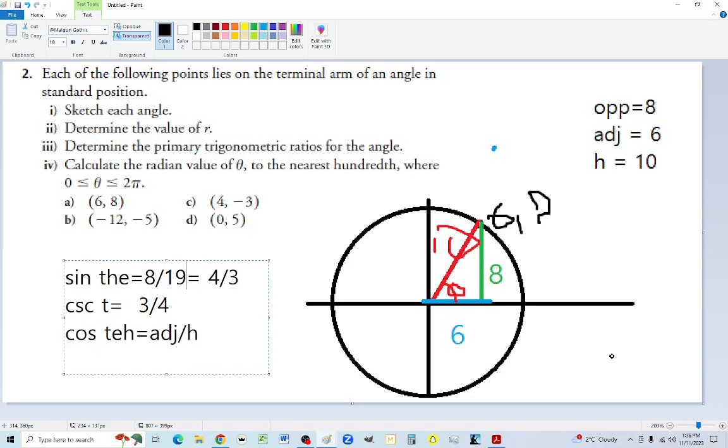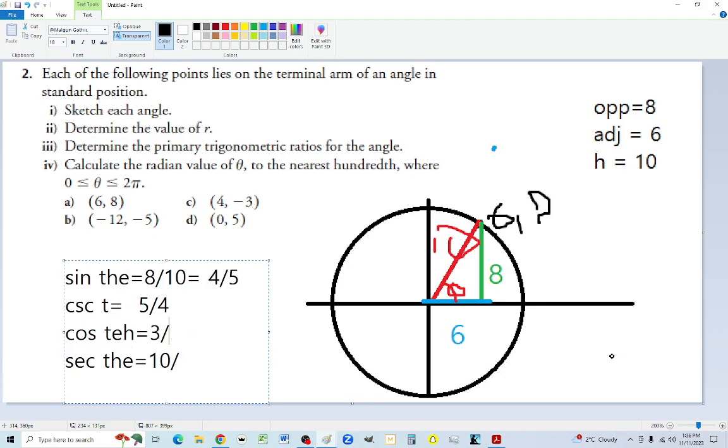Sine is opposite over hypotenuse, which is 8 over 10, or 4 over 5, which means the cosecant of theta, we just flip it, is 5 over 4. Cosine of theta is the adjacent over the hypotenuse, which is 6 over 10, which simplifies to 3 over 5, which means the secant of theta is equal to 5 over 3.